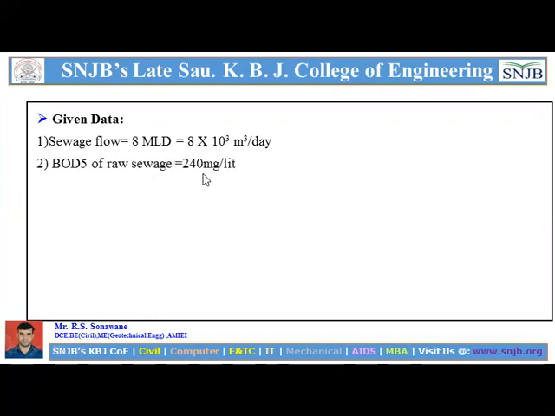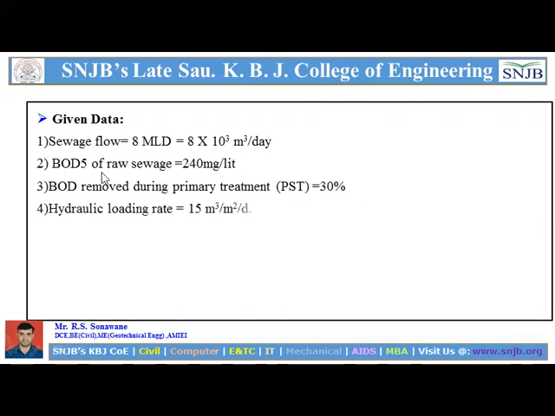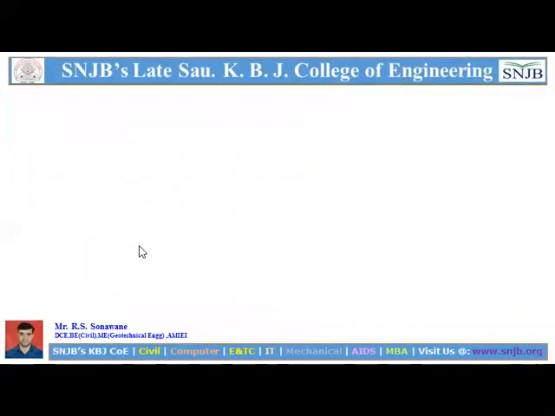Then BOD of raw sewage is equal to 240 mg per liter. BOD removed during the primary treatment, that is PST, is 30%, which is already given. Then the hydraulic loading rate is 15 meter cube per meter square per day. Recirculation ratio is equal to 2. These are the given data, which we have written here.